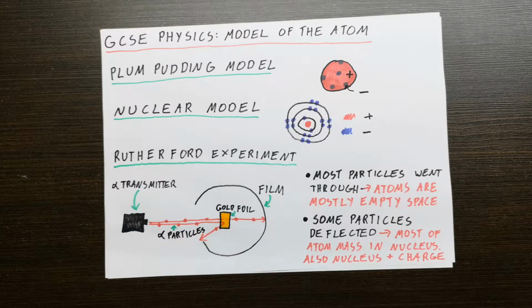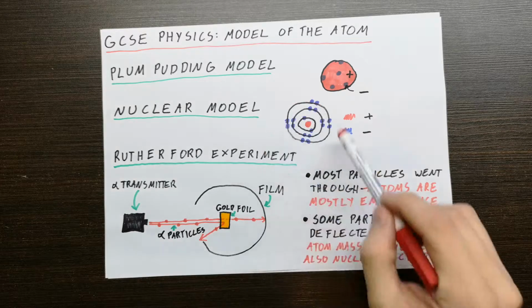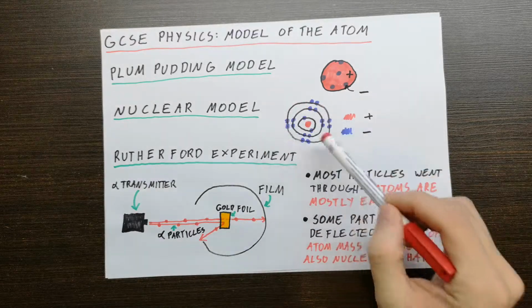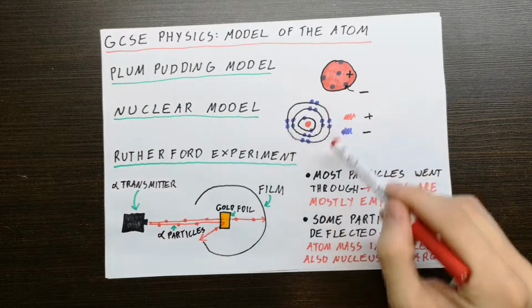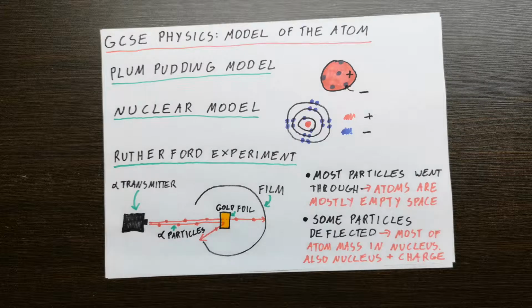This experiment did not lead to the discovery of neutrons. This experiment also didn't really directly lead to the discovery of electrons and their alignment around the atom, even though it was hypothesized by Rutherford that this is what atoms should look like.